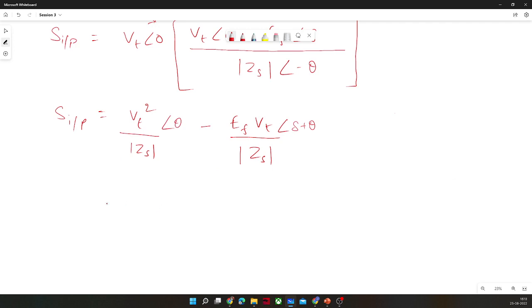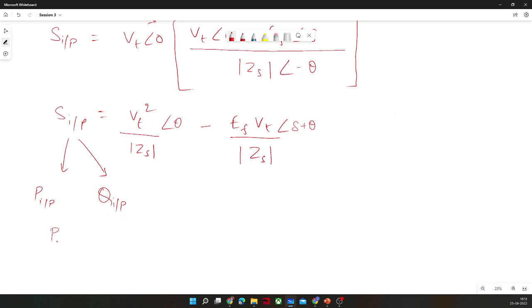Now, to convert it into input power plus input reactive power, what I have to do is break these complex angles into cosine and sine. If I multiply it with cosine, it will become real input power, and if I multiply it with sine, then it will be reactive input power.